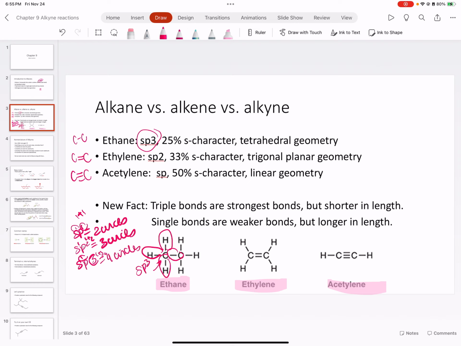For sp3 the s character is 25%. We have 1 plus 3, which is 4, and the s part is 1, so 1 over 4, which is 25% s character. And normally sp3 represents a tetrahedral geometry.